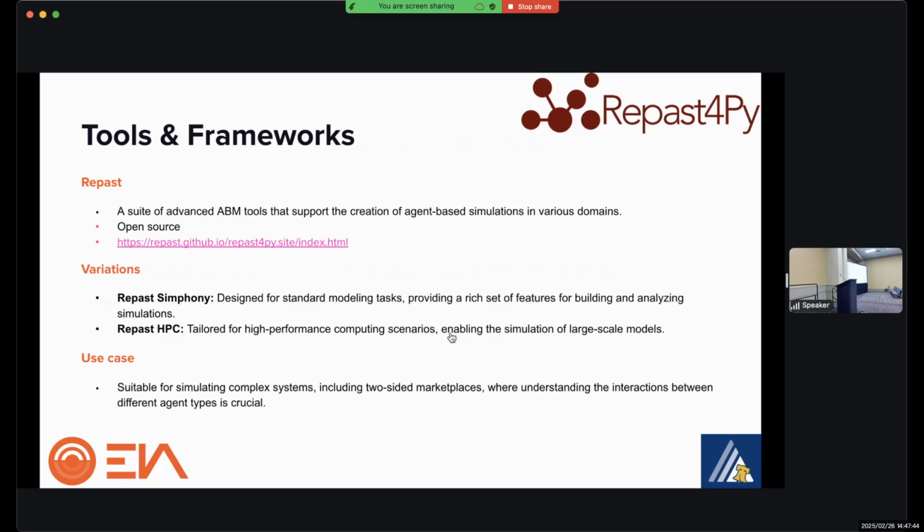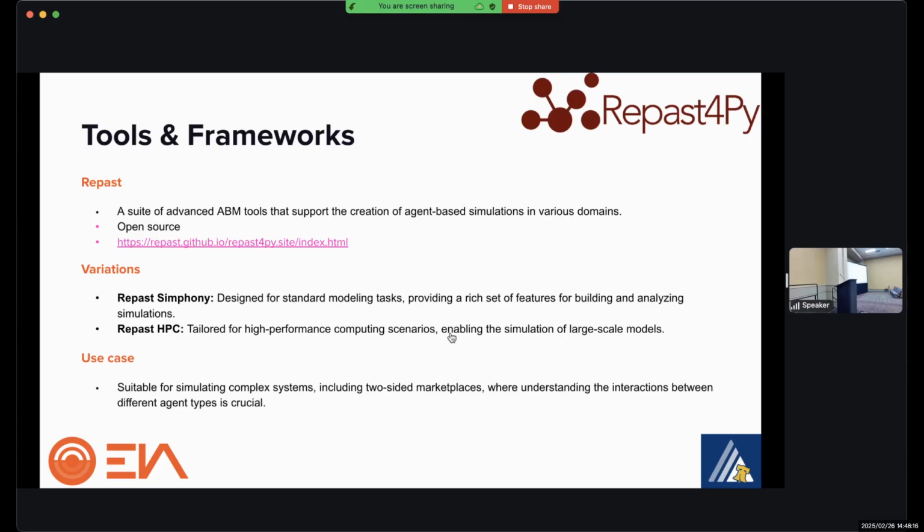So here we show a specific tool that's for simulating general marketplace and agent interactions. It's called Repast. It's basically a suite of agent-based modeling tools that support the creation of agent-based simulations in various domains, like not only for ride sharing, but for other types of businesses as well.